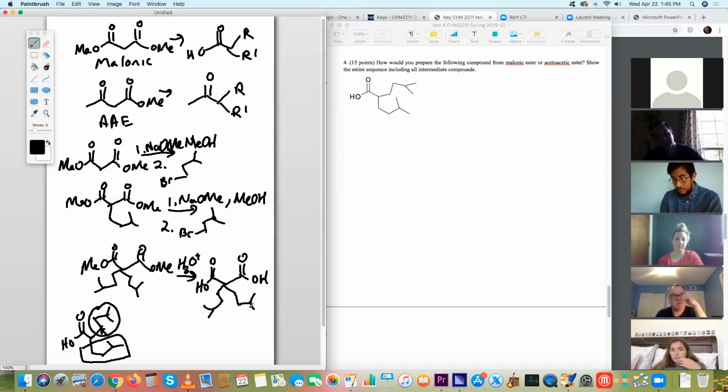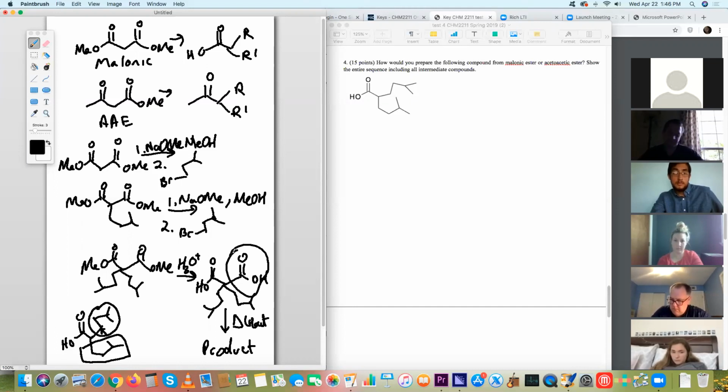And then in the last step, I'll put in the delta, that means heat. And that will turn it into that product there that you see. I'm not going to rewrite the product, don't have room, but it's that product there. That's called decarboxylation. And what that will do is remove that CO2 group there and just leave whatever's left over. And that's how you'll end up getting that product.